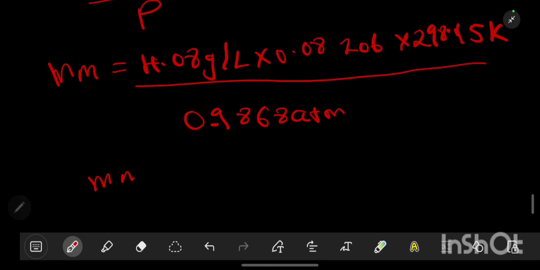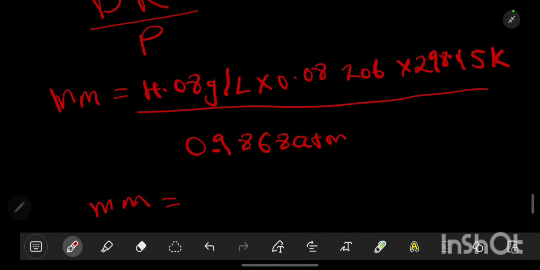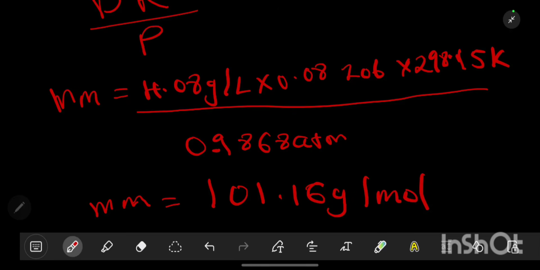So our molar mass, if we press everything, we are going to have 4.08 times 0.08206 times 298.15. Then we divide this value by 0.9868. This is going to give us 101.16 grams per mole. So that is what we have found.